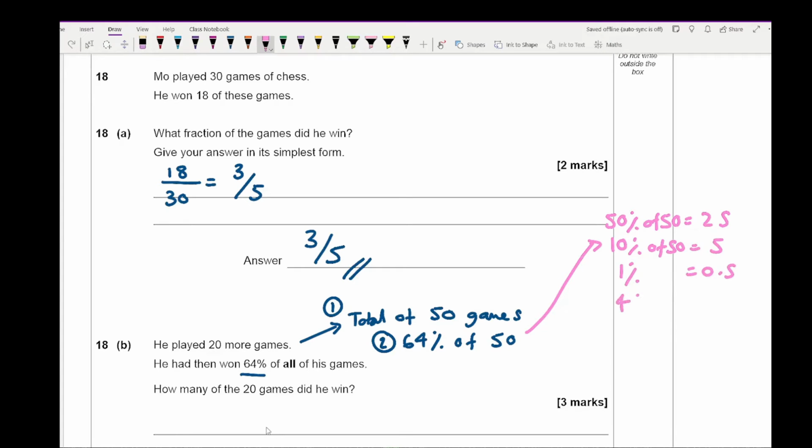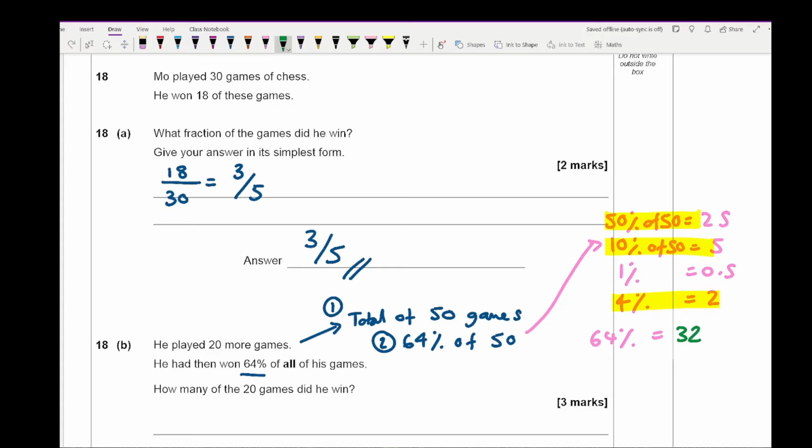So 4% is then going to be 4 times 0.5, which is 2. So then to work out 64%, that's going to be 50% plus 10% plus 4%, which is going to give me a total of 32. And again, you could have done that in numerous ways, but we've got the answer of 32.